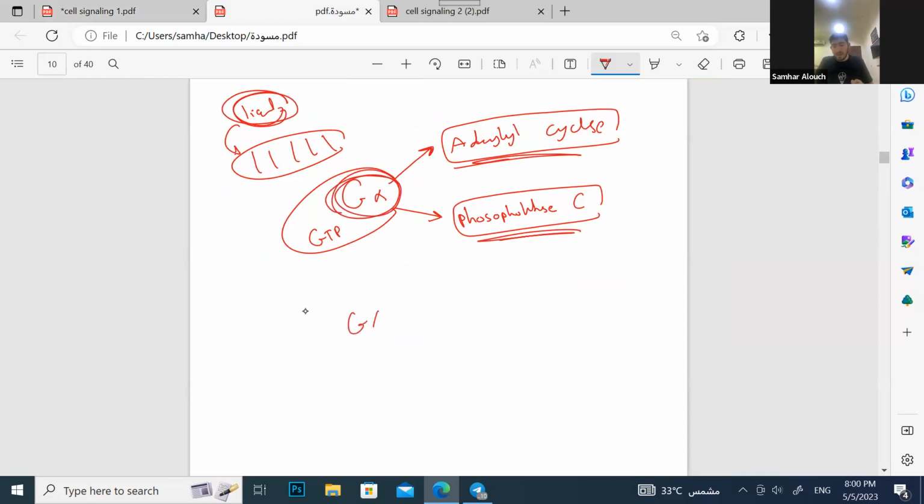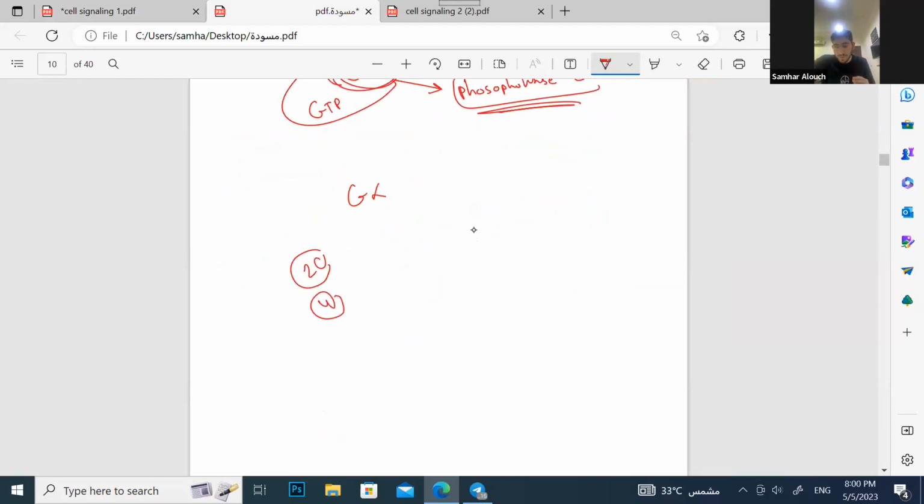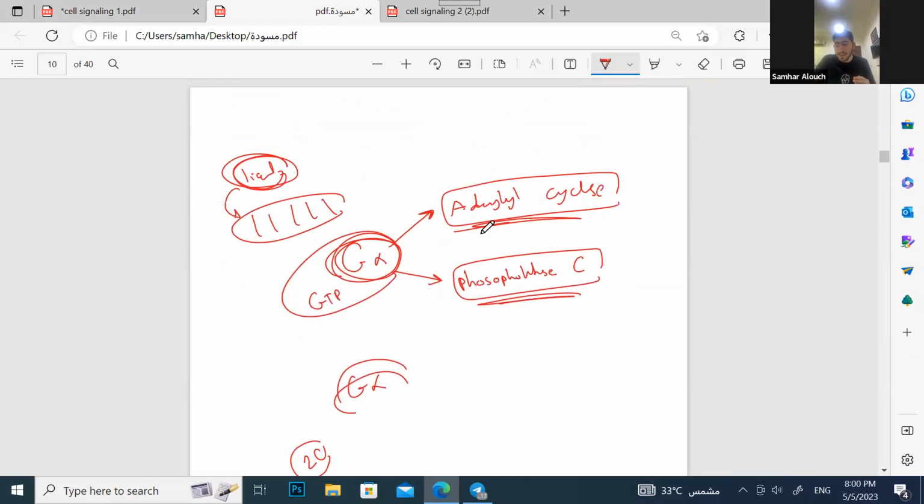Imagine that this G-alpha has 20 types, but we just want 4. We will talk about them in detail, but for now just focus that G-alpha has many types, and based on the type, it activates either the adenylyl cyclase pathway or the phospholipase C pathway.